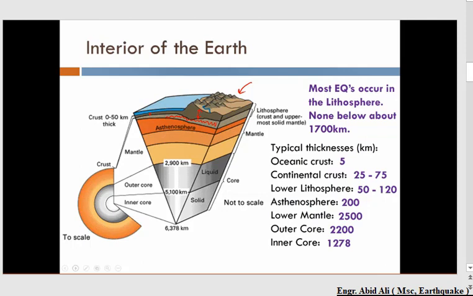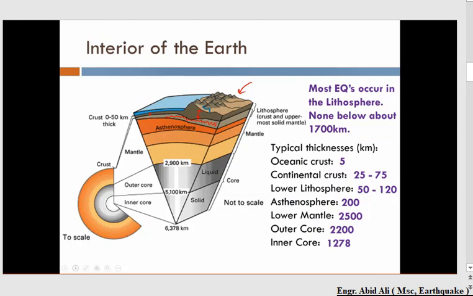Now, since we have been able to record earthquakes, seismologists have shown that most earthquakes occur in the lithosphere. In other words, they occur in the upper 200 kilometers of the earth.